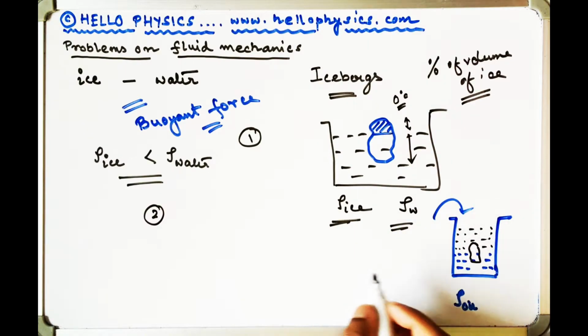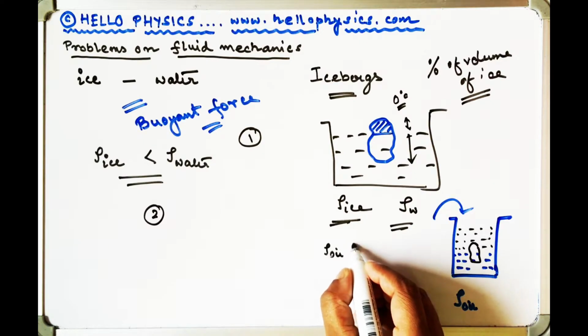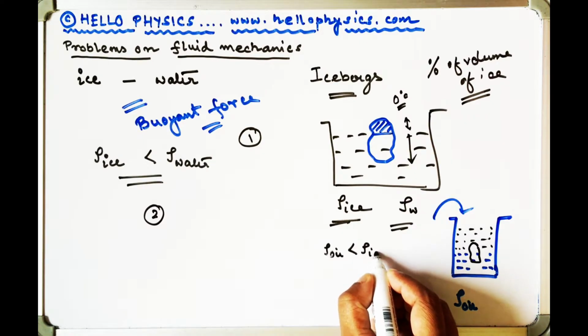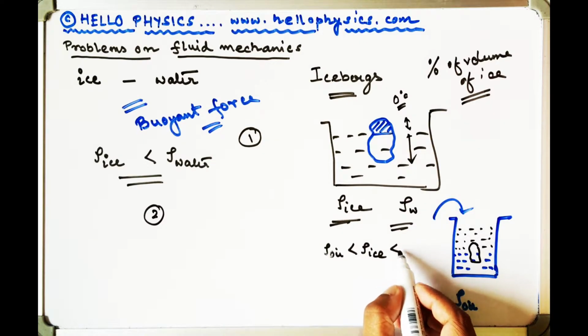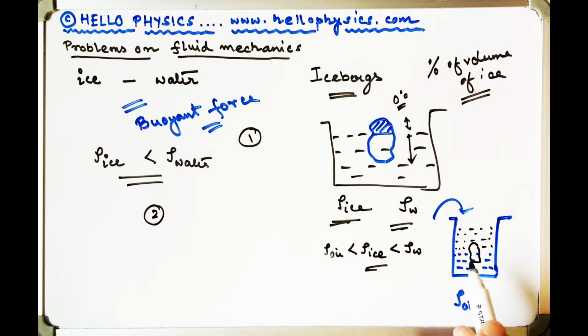The information that has been given is that the density of oil is less than the density of ice, which is less than density of water. If this is the scenario, you have to find out what percentage of the volume of the ice is inside oil, what percentage is in the air, and what percentage is in water.